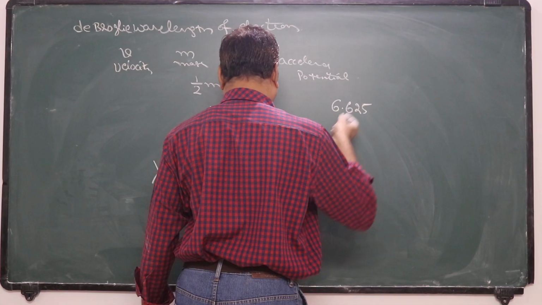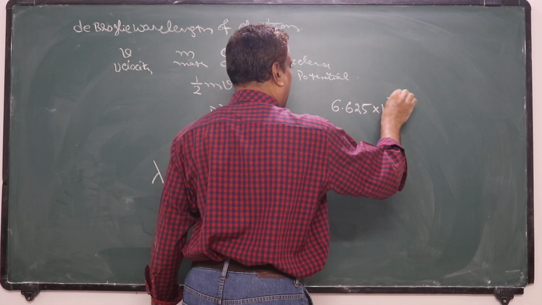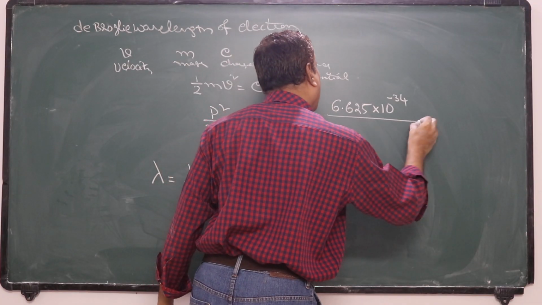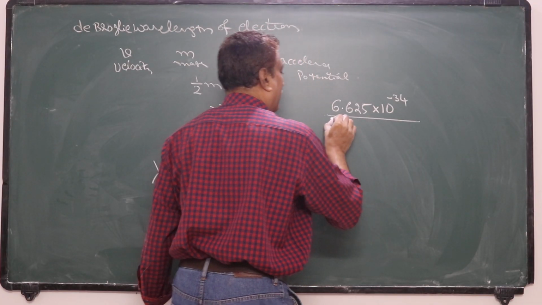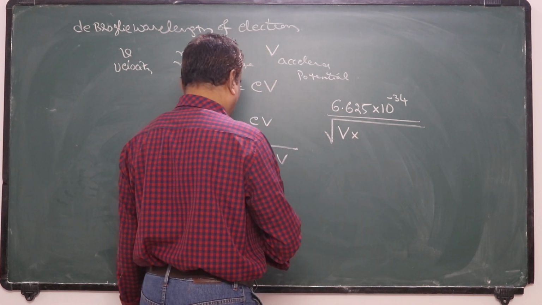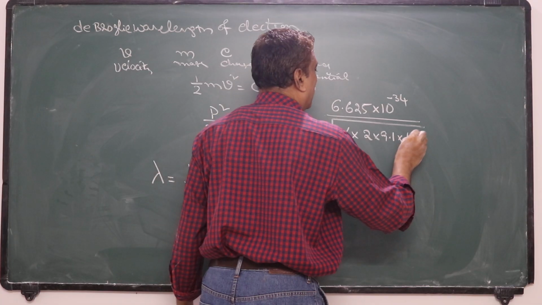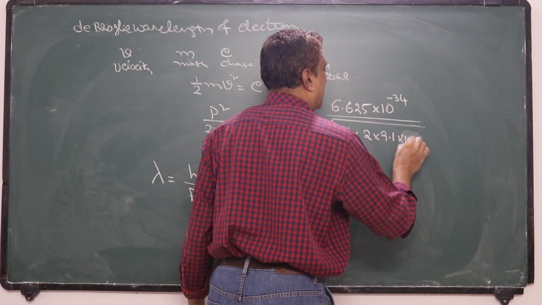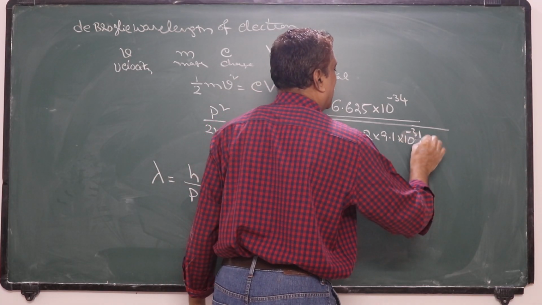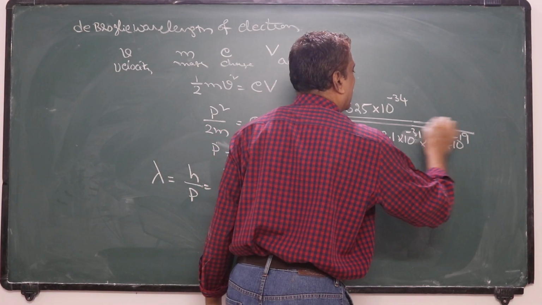So now substituting the mass of the electron and charge of the electron, we get 6.625 into 10 to the power minus 34 by square root of V into 2 into 9.1 into 10 to the power minus 31 into 1.6 into 10 to the power minus 19.